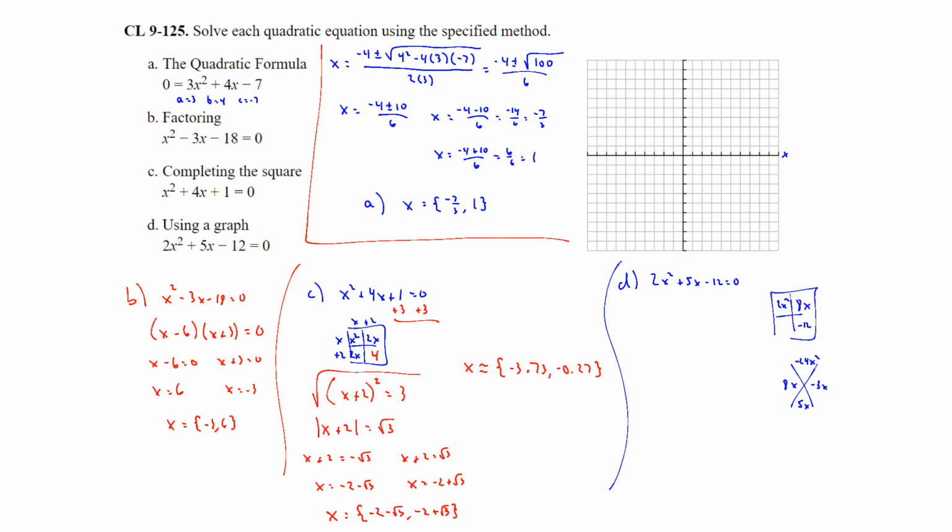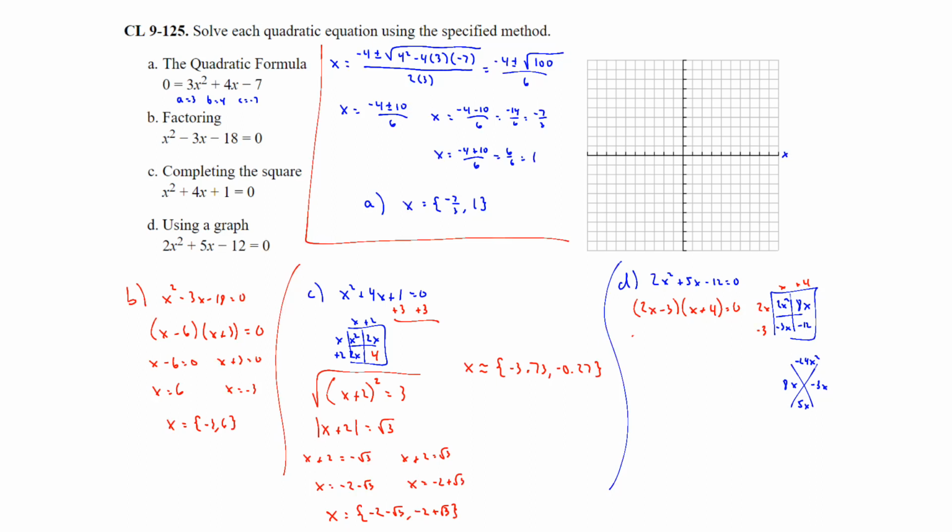So we have 8x and negative 3x. And so our side lengths, this would be a 2x and an x. Have to be a plus 4 to get you 8x, and then a minus 3 to get negative 3x, and then 4 times negative 3 is negative 12. So it does factor to 2x minus 3 and x plus 4.